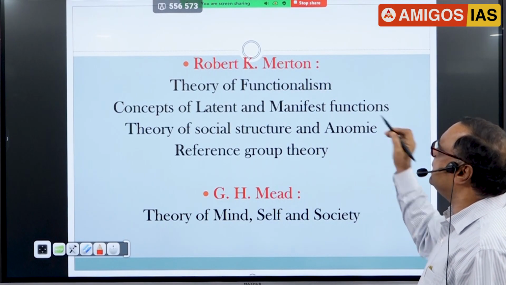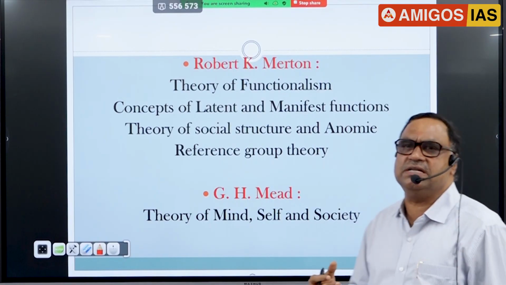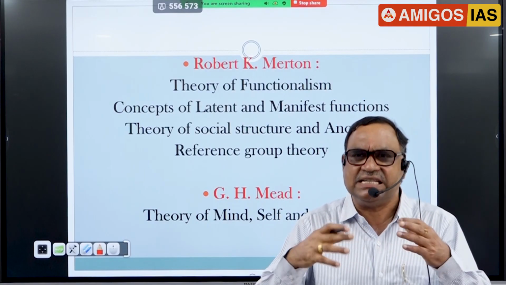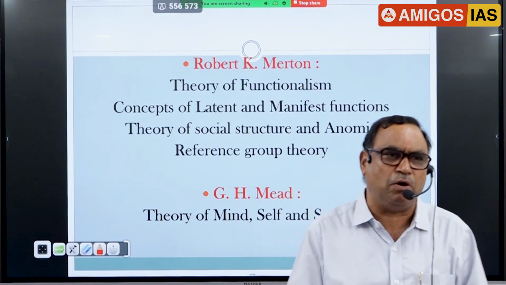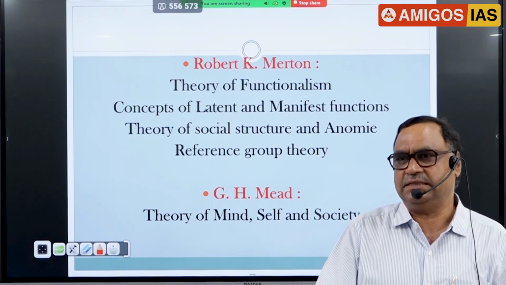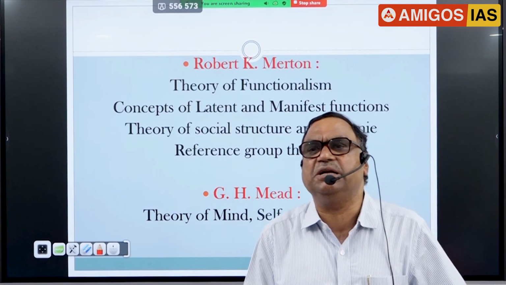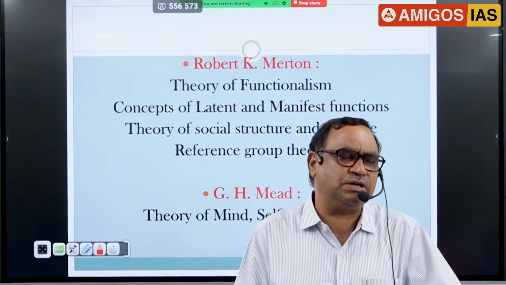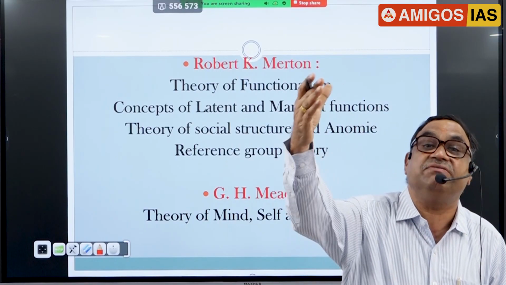Then Robert K. Merton talked about functionalism. That means how society performs its functions, and he introduced different concepts. Most importantly, he talked about social structure and anomy. Right? Anomy is nothing but deviant behavior. Most of the time, people try to violate the normative order in society in order to achieve their goals.